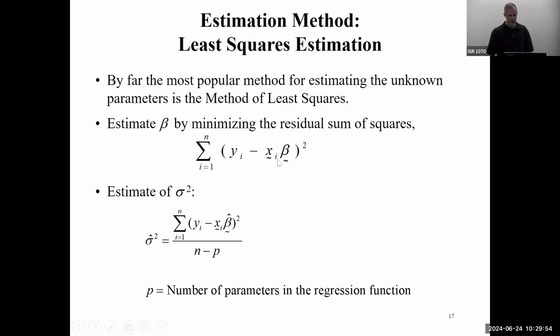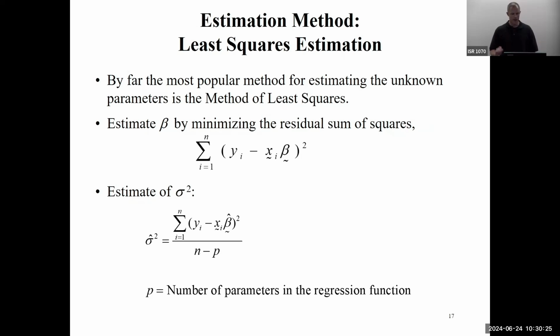And given an estimate of the betas, we can then compute an estimate of sigma squared, which remember is the variance of the residuals, that conditional variance of the residuals. We just take that estimated sum of squared residuals and divide by the sample size minus the number of parameters being estimated. Okay? That's going to give us an estimate of that residual variance. So we can get the estimates of the parameters that define a simple linear regression model pretty simply using this method of ordinary least squares.